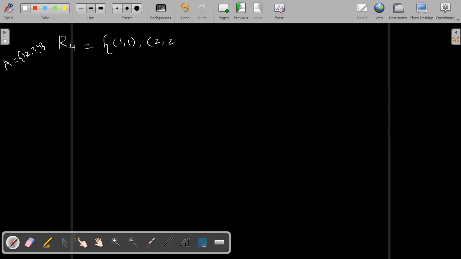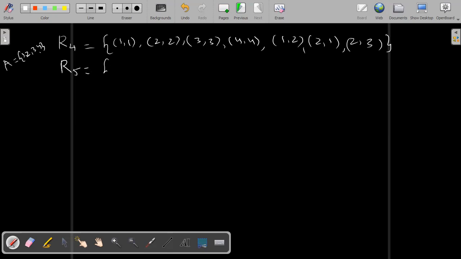Not now, later on. Just note down (2,2), (3,3), (4,4), (3,3), (4,4), (1,2), (2,1) and (2,3). Check for reflexive, symmetric, and transitive. R4, R5, and identity also check.